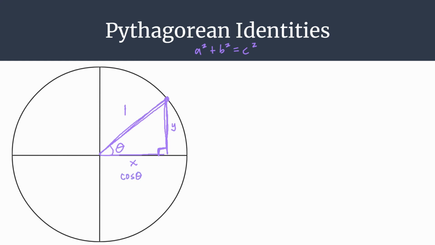That's simply because when you take the cosine of the angle, you're really looking at the ratio of the adjacent side over the hypotenuse. So that's x over 1. So again, that x coordinate is the same thing as the cosine of the angle. And similarly, the sine of the angle is the same thing as the y coordinate because you have the opposite over the hypotenuse for the sine of the angle ratio. So just y over 1.